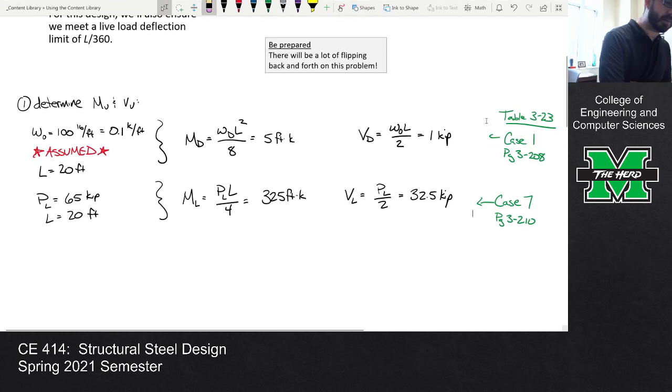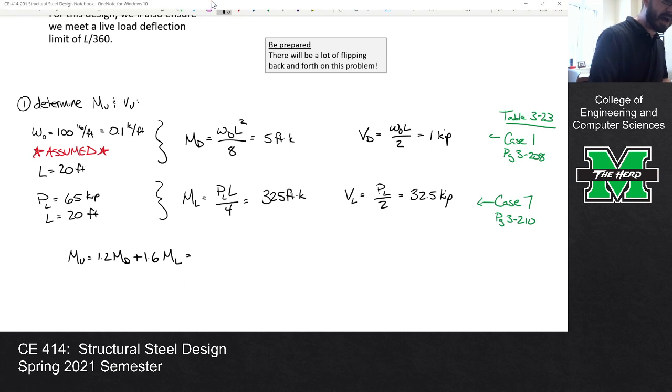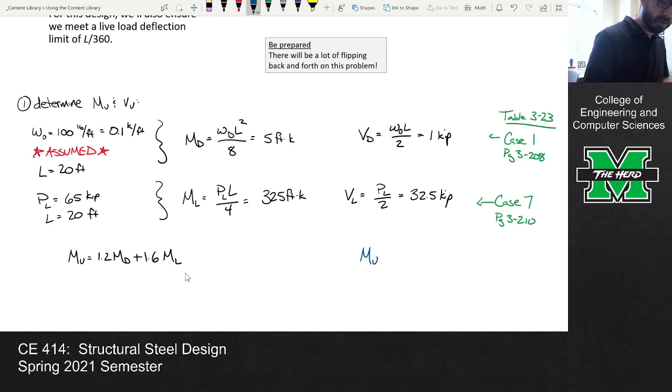Factoring, MU is 1.2 M dead plus 1.6 M live, and that ends up being 526 foot-kips. And then VU obviously is also 1.2 times dead plus 1.6 live, just the shears.